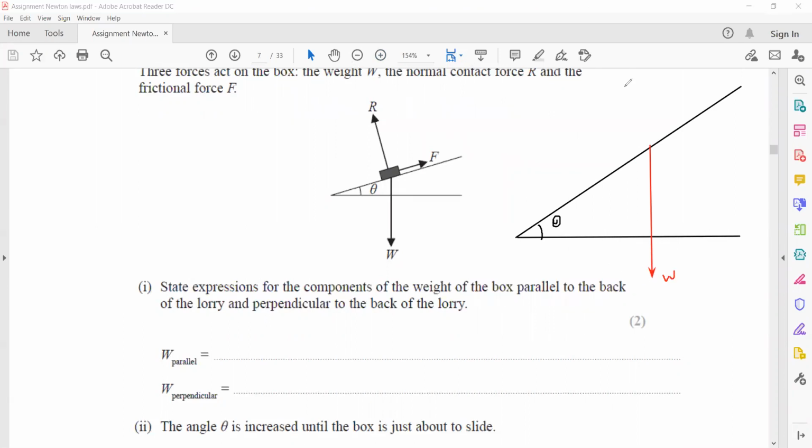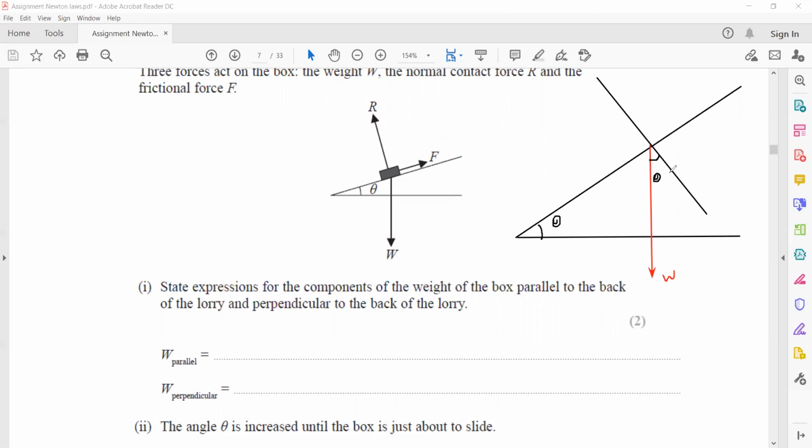How do we divide the weight into components? When we draw an axis, the angle which the surface makes with the horizontal is the same as the angle between the weight and the new axis. When we take the axis on the incline, if this angle is 30, this will also be 30.